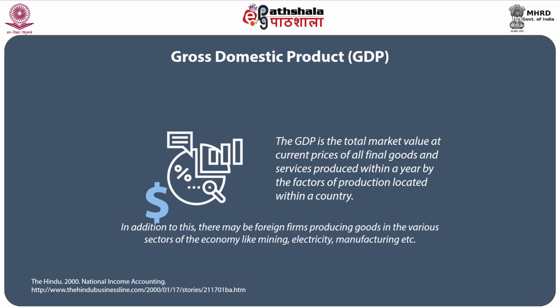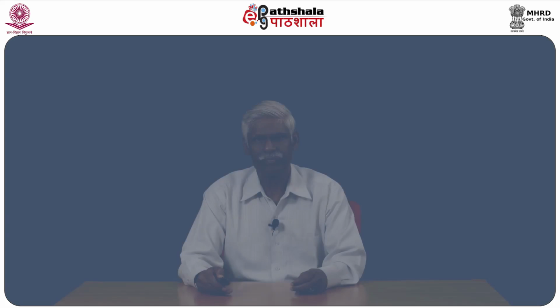The labor and capital of a country working on its natural resources produce a certain aggregate of commodities, material and non-material, every year. In addition to this, there may be foreign firms producing goods in the various sectors of the economy like mining, electricity, manufacturing, etc.